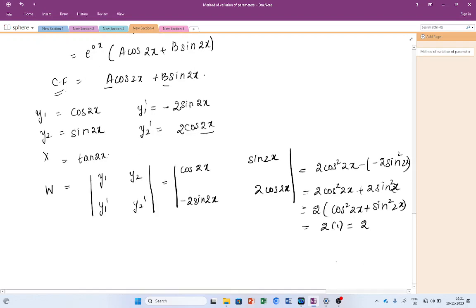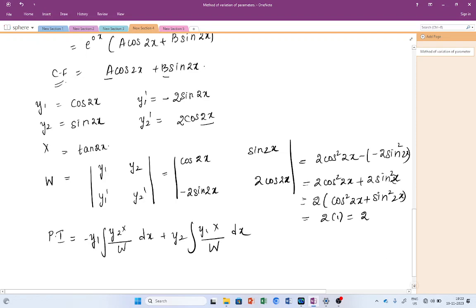I have to write what the particular integral is. So I'm just writing the formula. Particular integral is nothing but minus y1 integral of y2 X by W into dx plus y2 integral of y1 X by W into dx. Okay, so now I'm going to substitute all the values here.